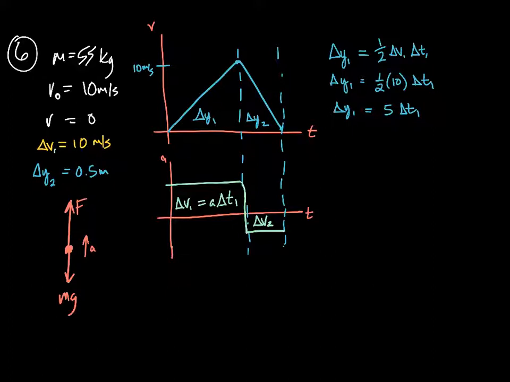Maybe I can extract that out of one of these other spots, perhaps down here in the acceleration graph. I know that this delta t1 would be delta v1, which I know, over a, which happens to be gravity only. So delta t1 is just going to be 10 meters per second over 10 meters per second per second. So delta t1 is just 1 second.